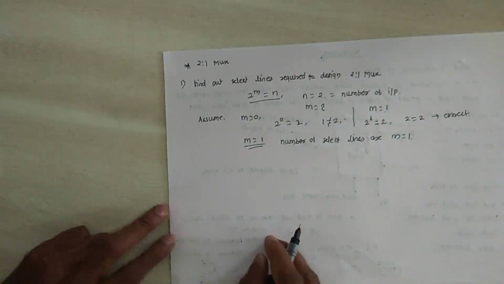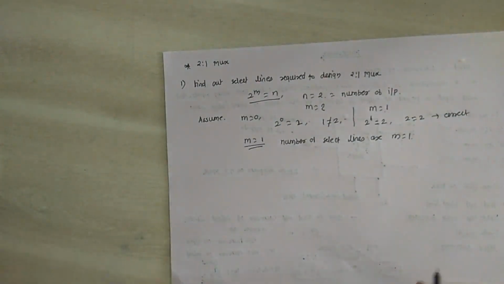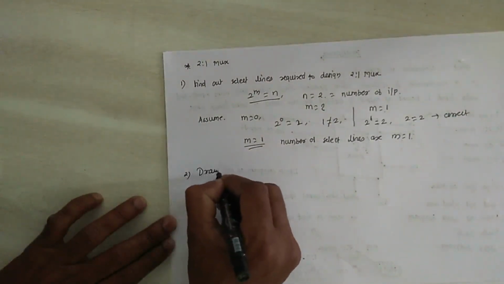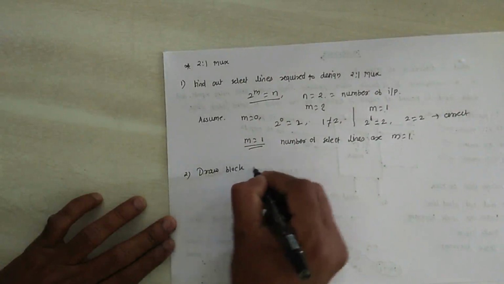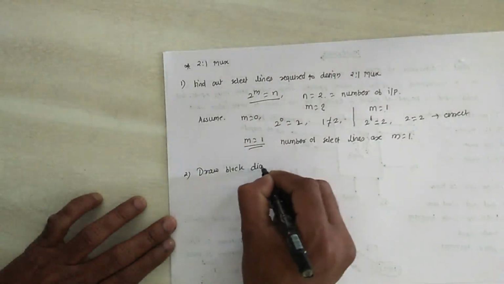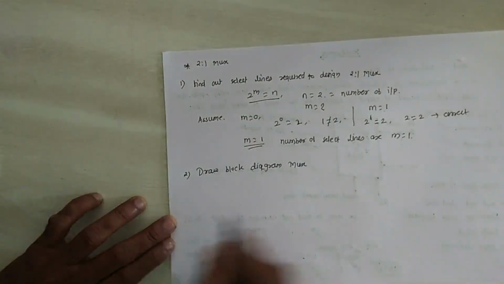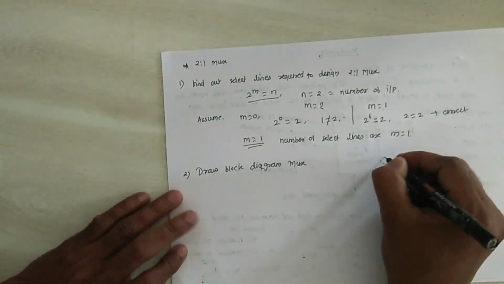Once we have found the number of select lines, we go to the second step, which is to draw the block diagram of the mux.